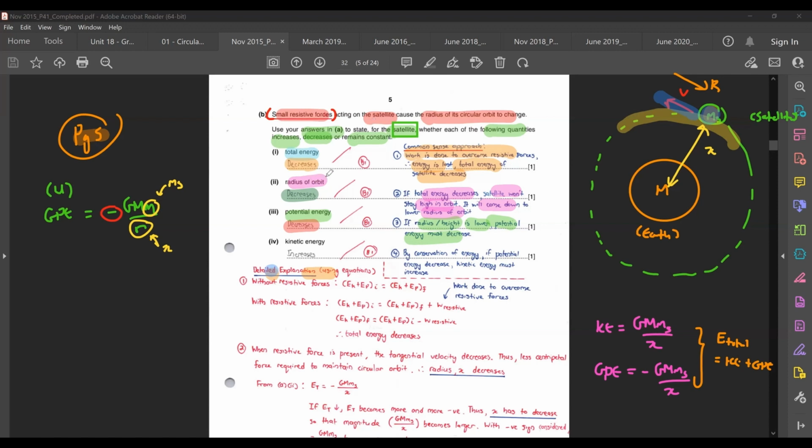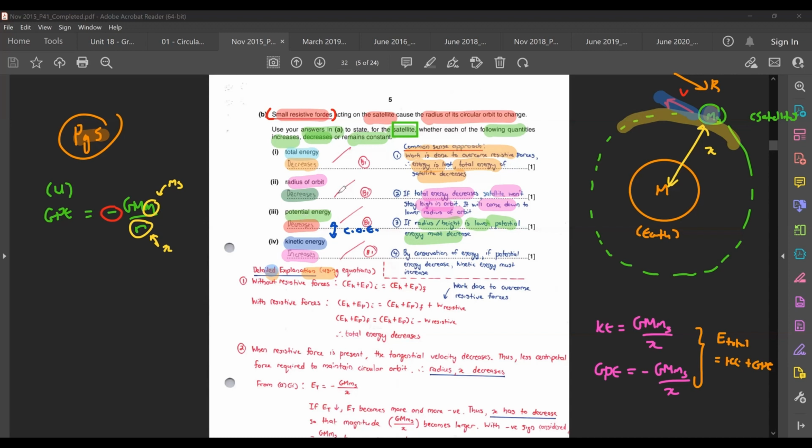So its GPE must decrease. The last part would need you to state what happens to the KE. You can apply conservation of energy for these two energies, potential energy and kinetic energy. Because potential energy is decreasing, kinetic energy would therefore increase. So these are the changes that are occurring.